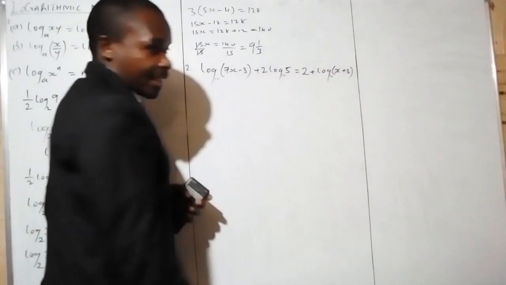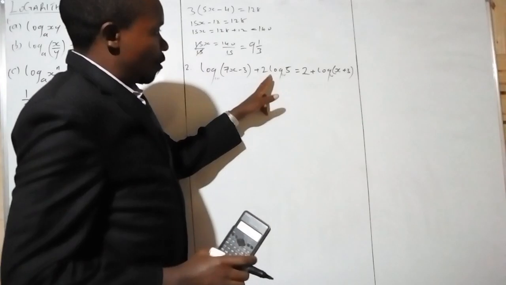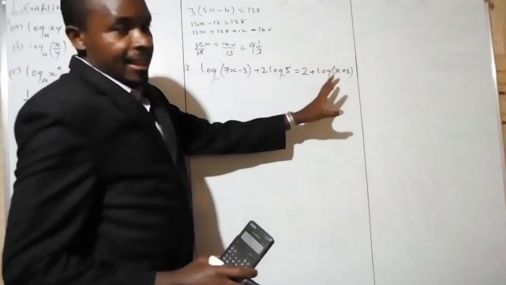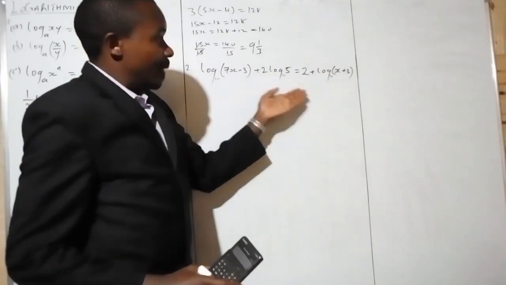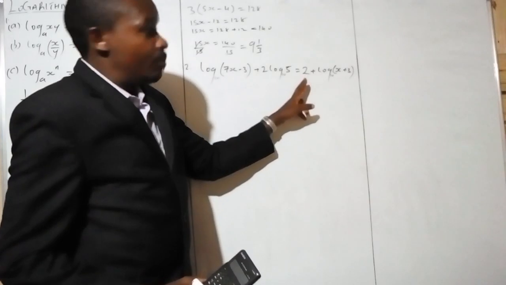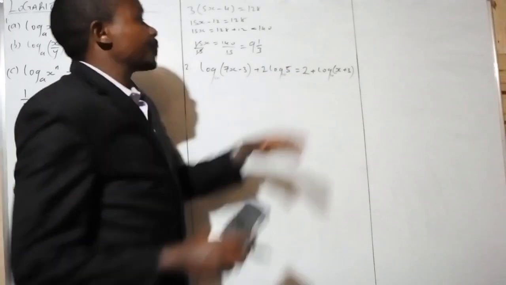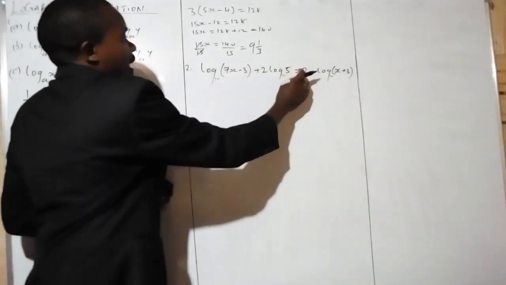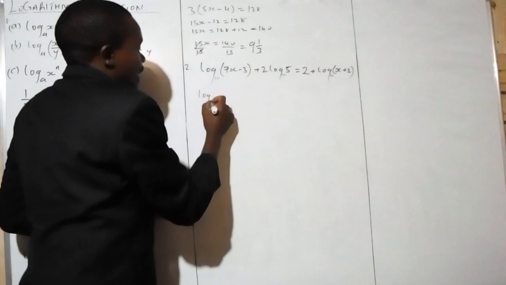On our right hand side, we have 2 where we don't have a log, and you cannot proceed the way it is. I need to have log to base 10 here. First of all, let's work on this 2 and say log to base 10 of x is equal to 2.